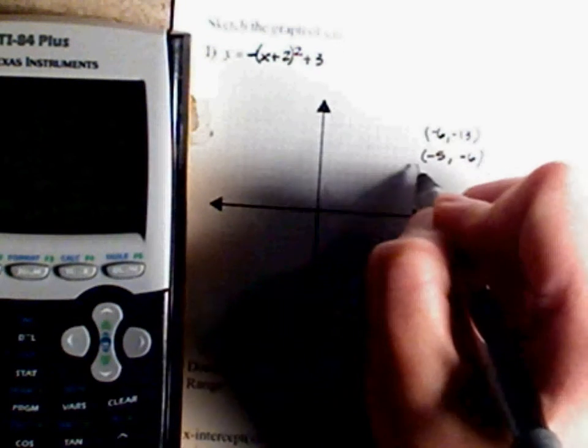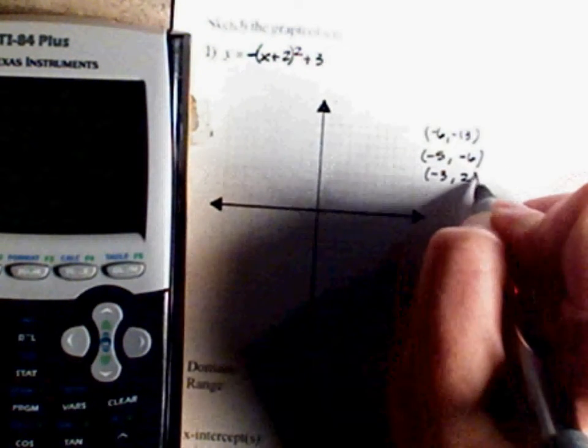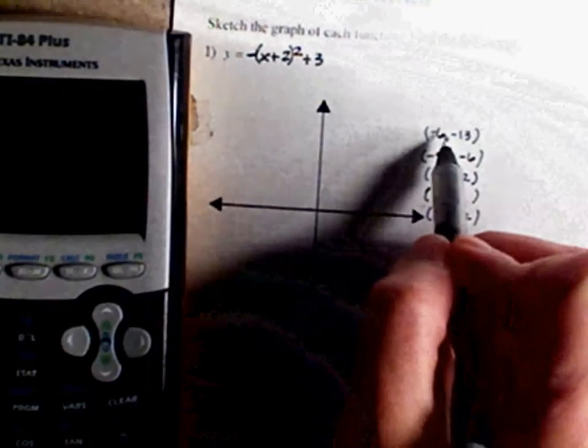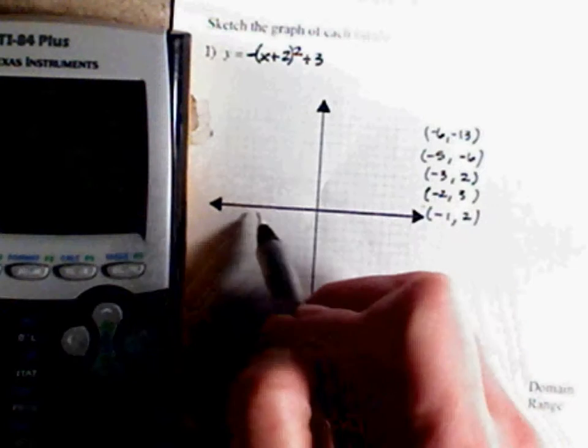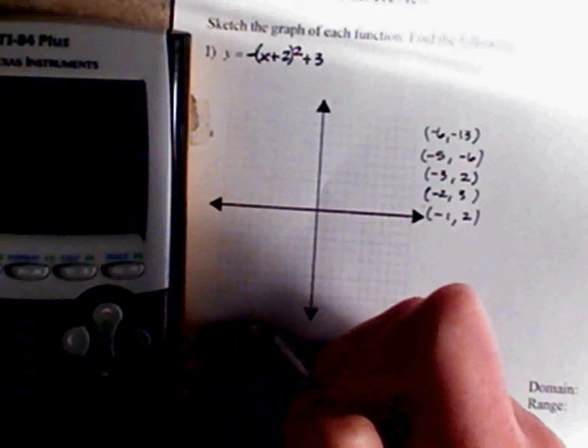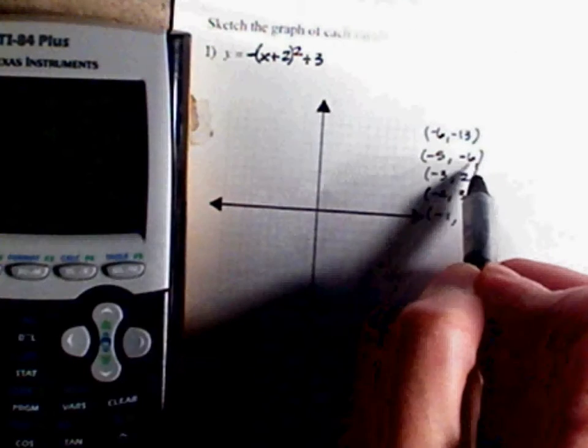Let's go to negative 3 and 2, negative 2 and 3, negative 1 and 2. So I'm going to plot those points. Now, if I go to negative 6 and negative 13, it's going to be off the chart, right? So go to negative 5, negative 6.